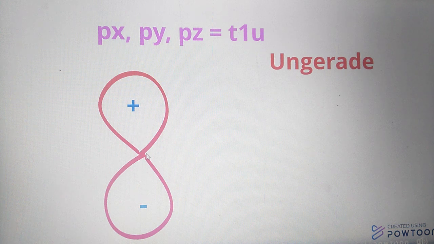In this orbital, two lobes consist. If we divide this orbital into two parts, then one part is not similar to the second part. In one part or lobe, a positive sign is present and in the other a negative sign is present. So this is ungerade. If one part is not similar to another part, then we call it ungerade.